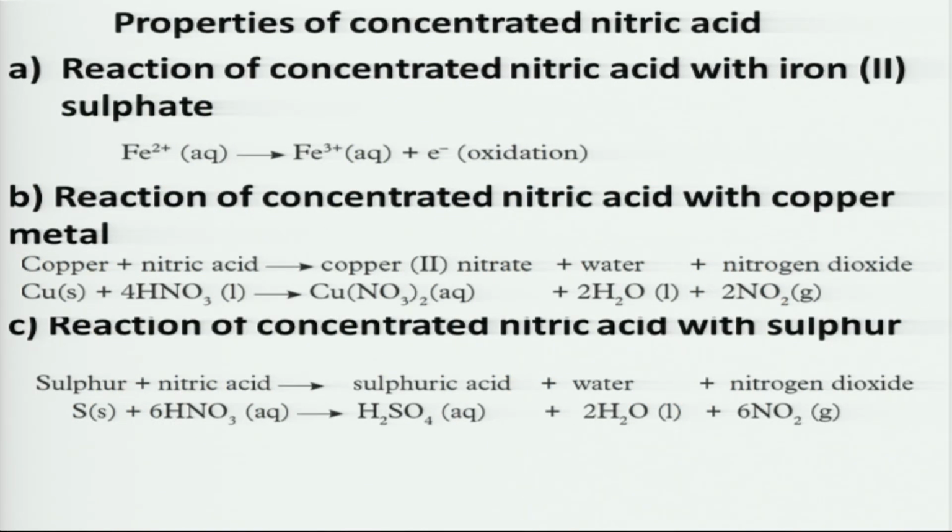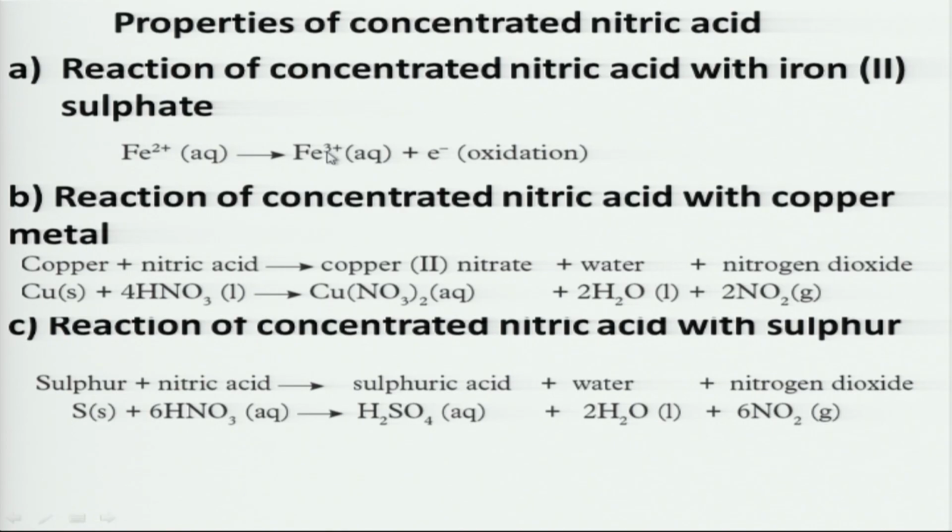So the reaction of concentrated nitric acid with iron. When nitric acid oxidizes iron 2 to iron 3, you have plus 2 going to plus 3. We call it oxidation, there's a loss of electron.